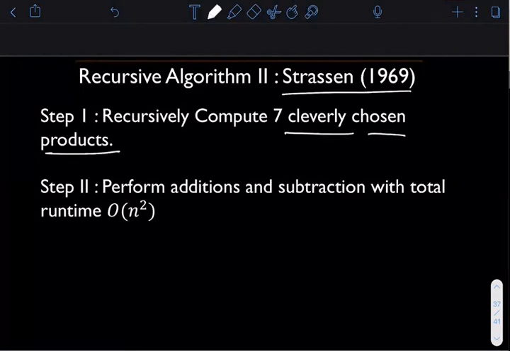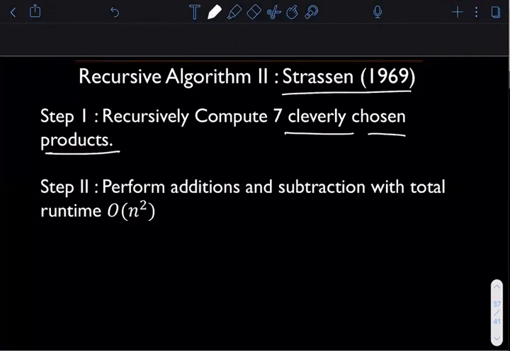How he cleverly chose these products, we don't know, but I'm going to show you what those products are and why they work, in the sense that I'm going to write the math. Honestly, I have no idea how he came up with these products. And then again, you perform a constant number of additions and subtractions over matrices, which will take order n square.